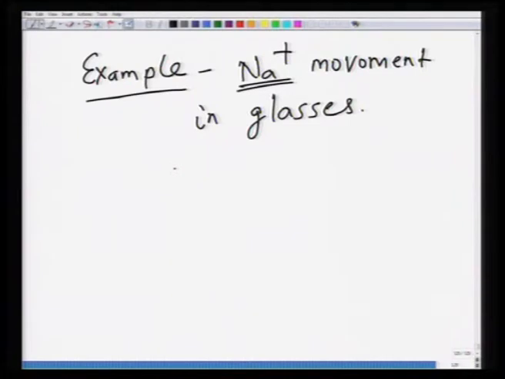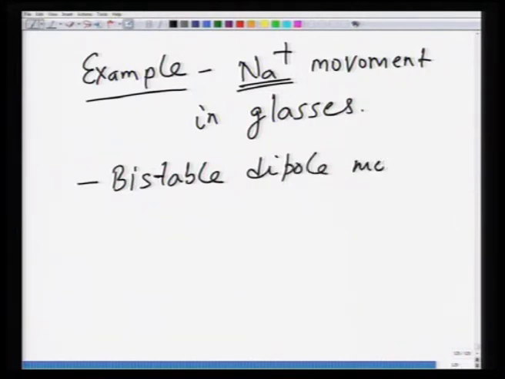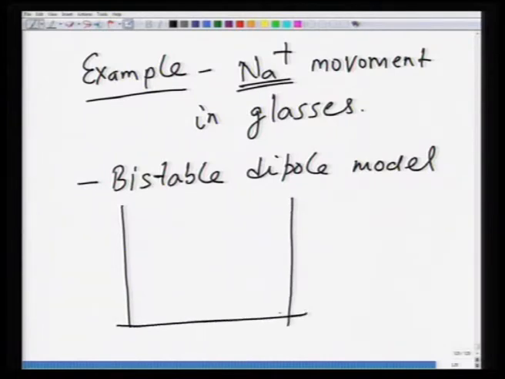Now, we'll do a little bit more analytical treatment. So, consider what is called a bistable dipole model, okay. And so the sodium ion is moving from left to right. Again we draw this picture.